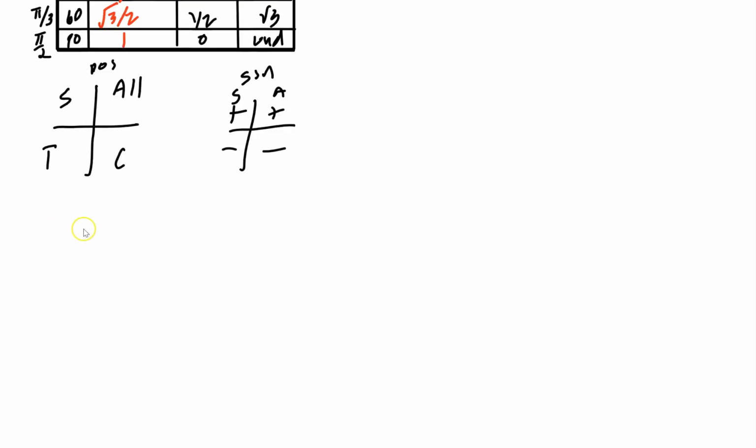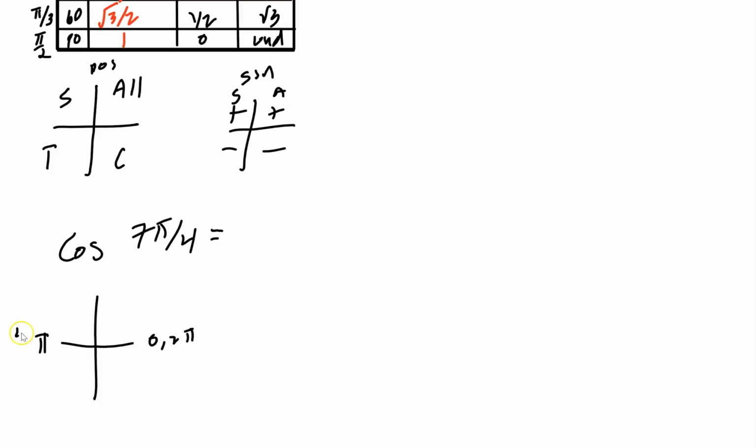With this, if I had said, what is cosine of 7 pi over 4? What you always do, no matter what, is kind of like a graph. You gotta know where it's at. So 0, pi, 2 pi. My trick to graphing is to always make the common denominator 4 over 4. I've got to go to 7. So 4, and if I go another 4, this is 8 pi over 4.